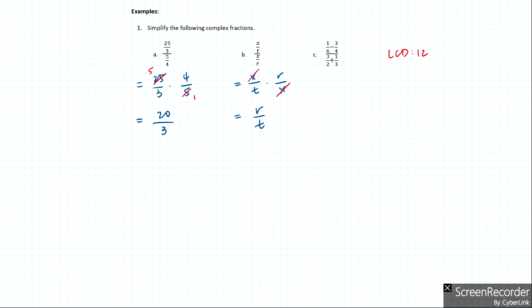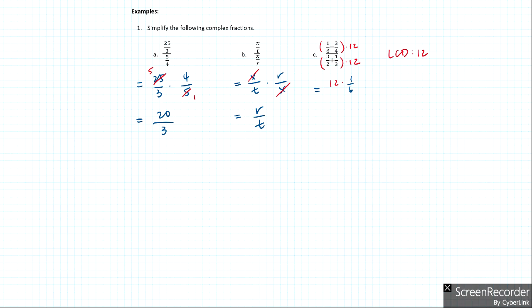And how we're going to use this least common denominator is we're going to multiply everything by it. And that means I'm going to distribute 12 to every term on top and every term on the bottom. Remember, whatever we do to top, we have to do it to the bottom. So that really becomes a result of distributing 12 to every term. So I would have 12 times 1 over 6.